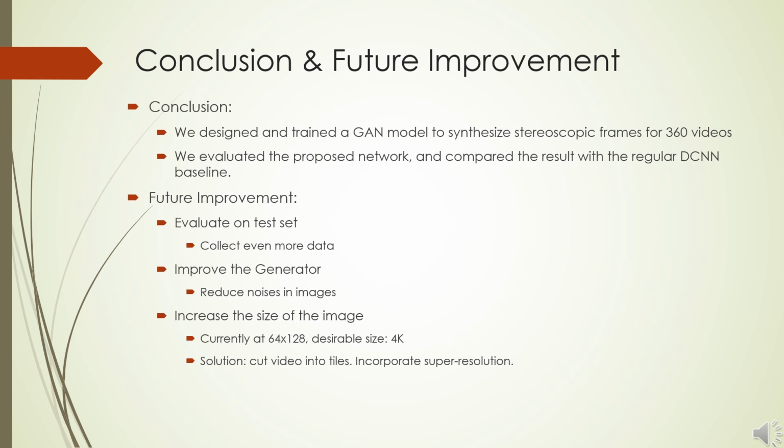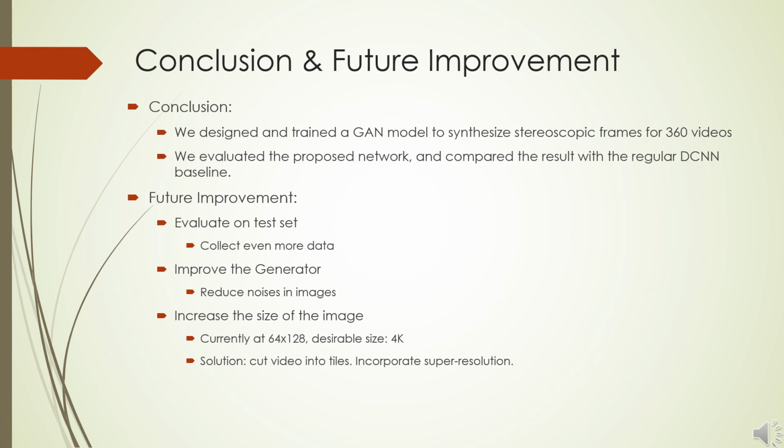And here are 3 potential improvements for future work. First, we want to gather more data because for now the data is not enough to generalize the model. By collecting even more data, it will allow us to evaluate on the test set.